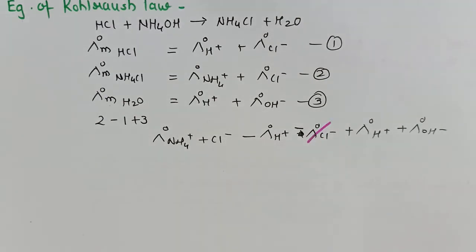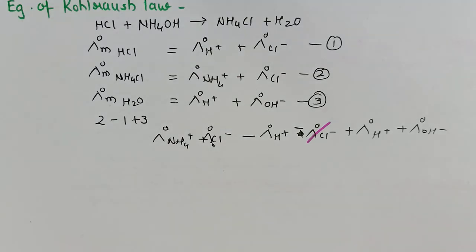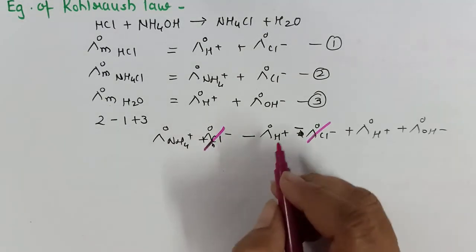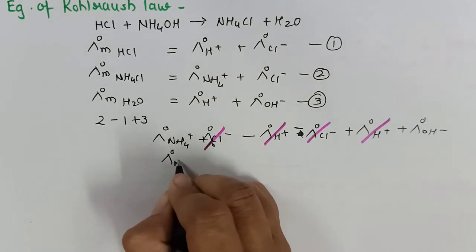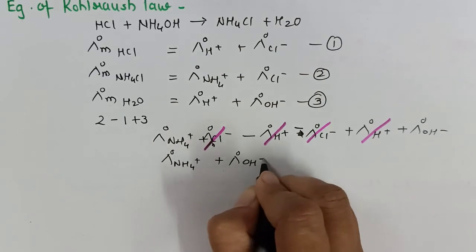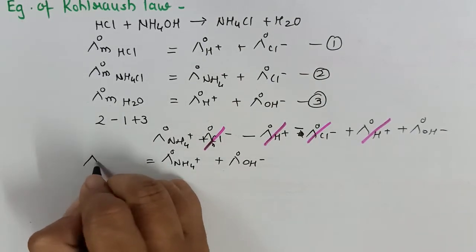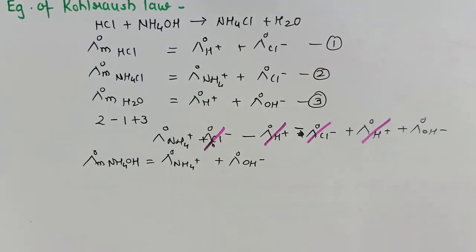Lambda naught Cl- will get cancelled. Then lambda naught H+ will get cancelled. What is left with us? Lambda naught NH4+ plus lambda naught OH-, and that is equal to the limiting molar conductivity of NH4OH. So this is how we are able to find the limiting molar conductivity of a weak electrolyte.